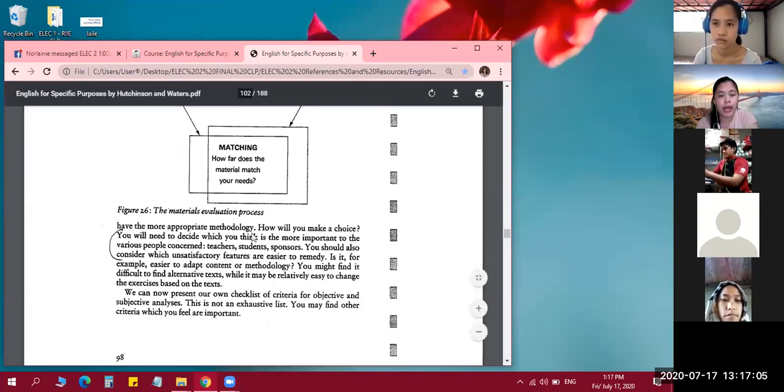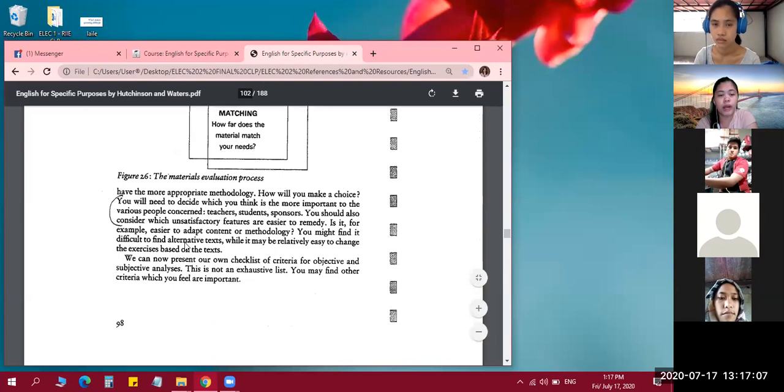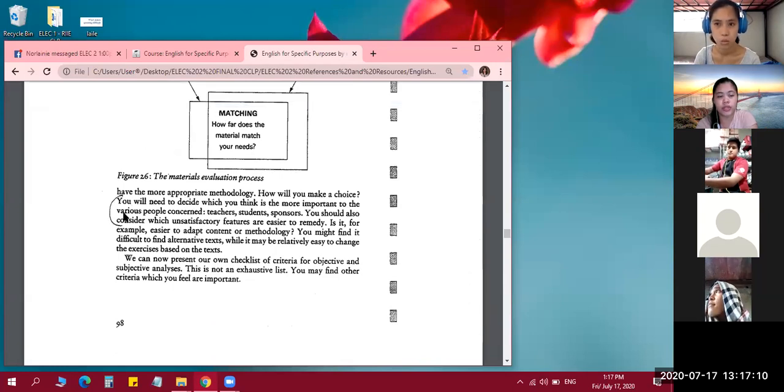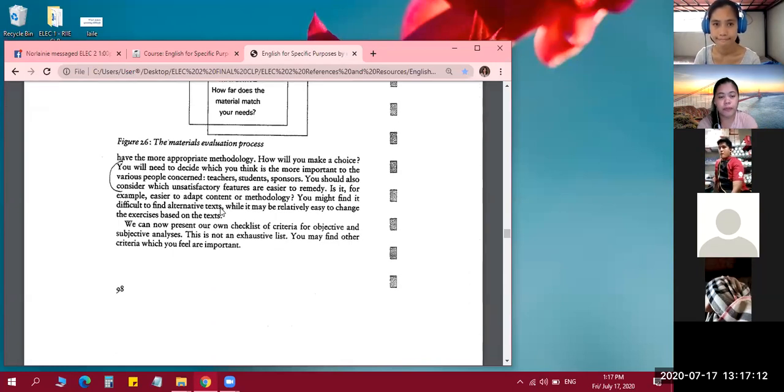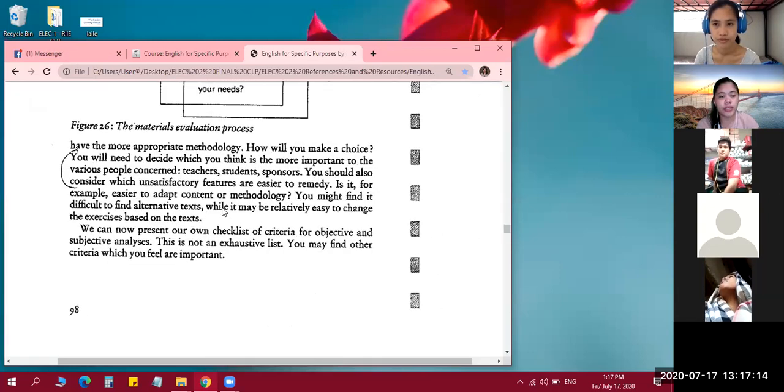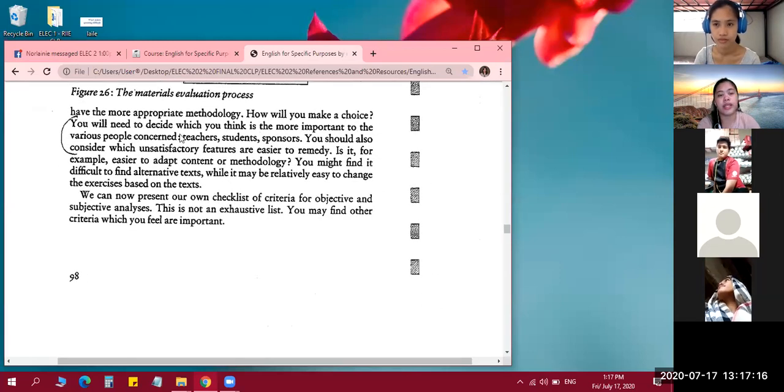So how are you going to do this? You will need to decide which is more important to various people concerned, like teachers, students, and sponsors. Then you should also consider which unsatisfactory features are easier to remedy.